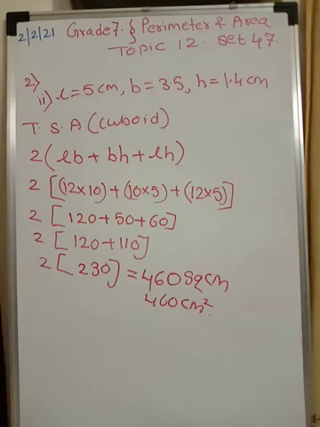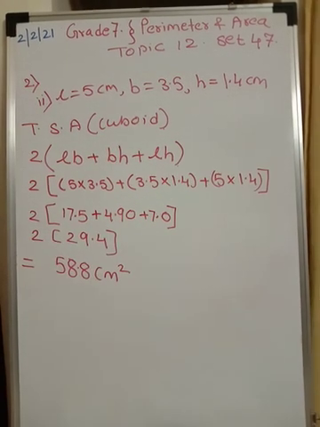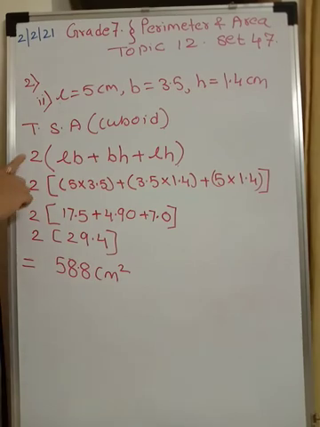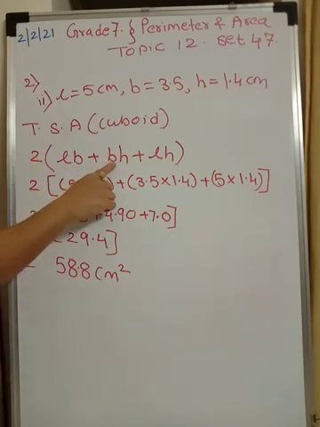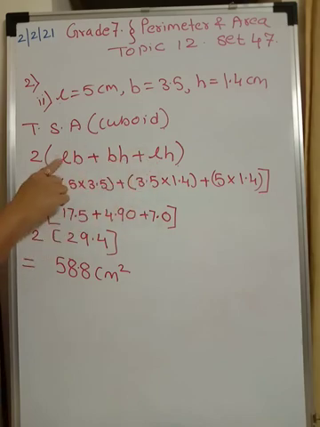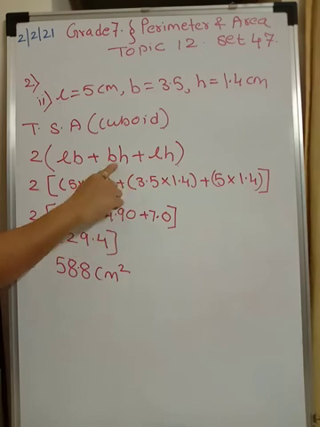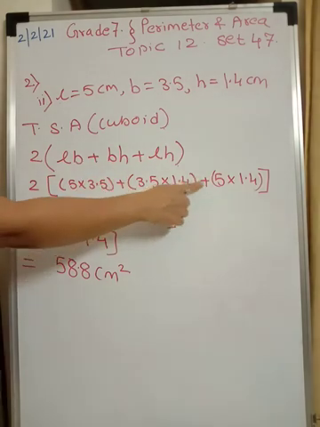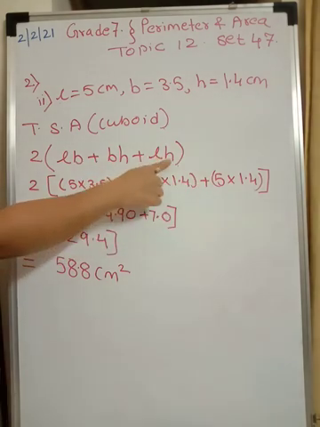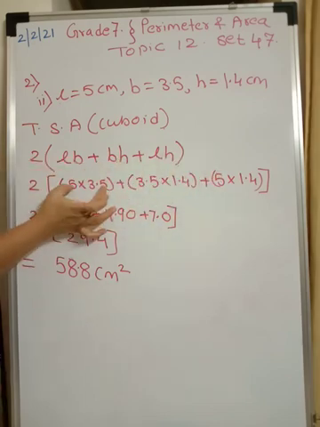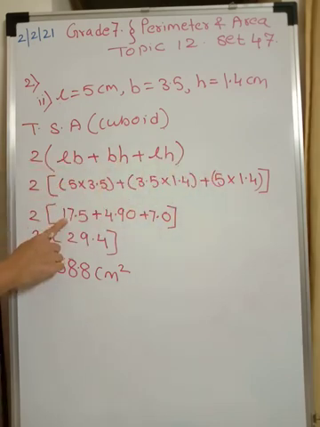Okay, we'll just substitute in the formula and find it out. You also do it in your notebooks. So for the second problem, we have total surface area of cuboid as 2 into (length into breadth plus breadth into height plus length into height). Length is 5 into breadth 3.5, plus 3.5 into height 1.4, plus 5, which is length, into height 1.4. Carry out this multiplication, you get 17.5.